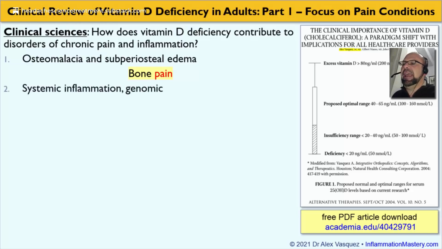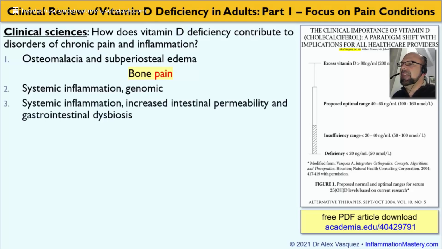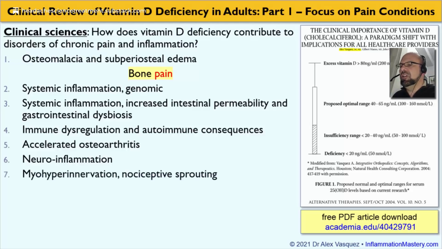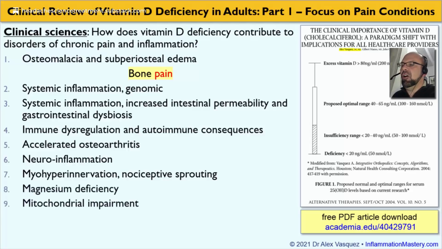Systemic inflammation at a genomic level through activation of NF-kappa B, for example. Increased intestinal permeability and gastrointestinal dysbiosis. Immune dysregulation and autoimmune consequences. Accelerated osteoarthritis. Neuroinflammation. Myohyperinnervation or nociceptive sprouting of nociceptors within muscle tissue. Number 8, magnesium deficiency, and all of those work together to exacerbate all types of pain.